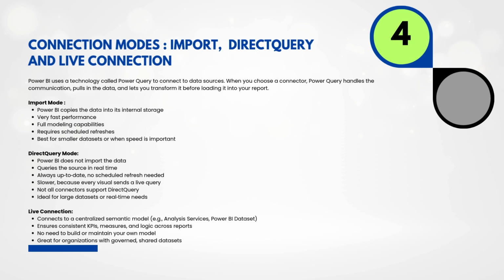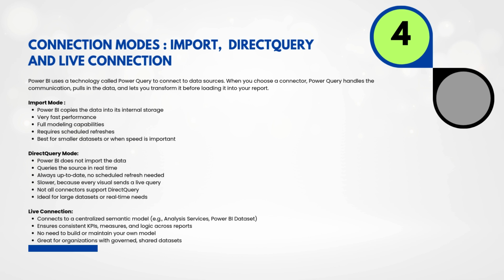Live connection. A live connection is used when your organization already has a centralized semantic model, often built in Analysis Services or Fabric. You'd use a live connection when you want consistent KPIs, measures, and logic across multiple reports. You want to reuse an existing enterprise model. You don't want to maintain your own data model in Power BI Desktop.